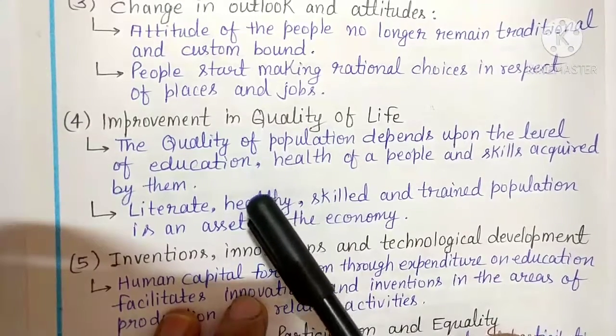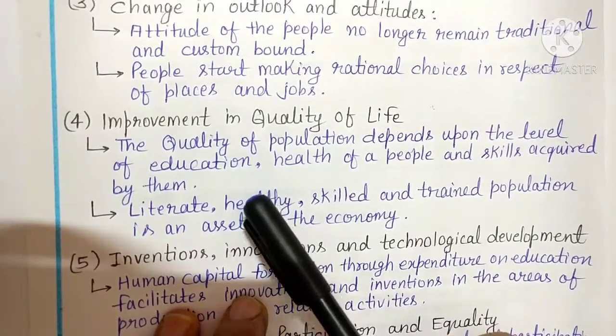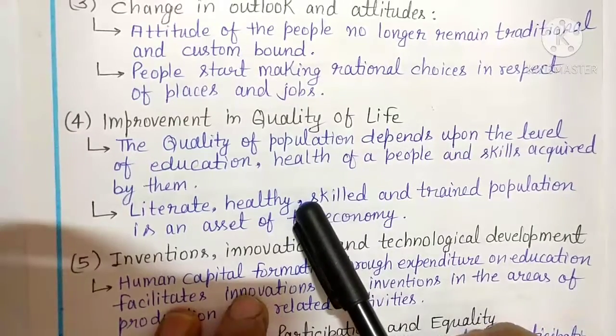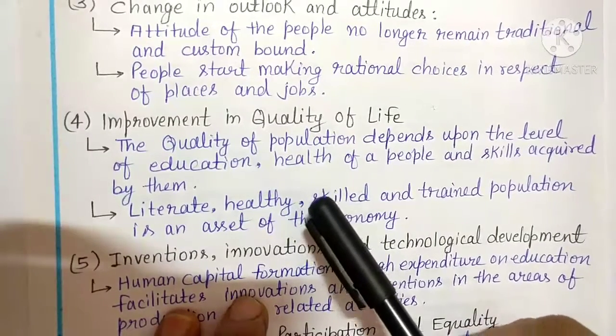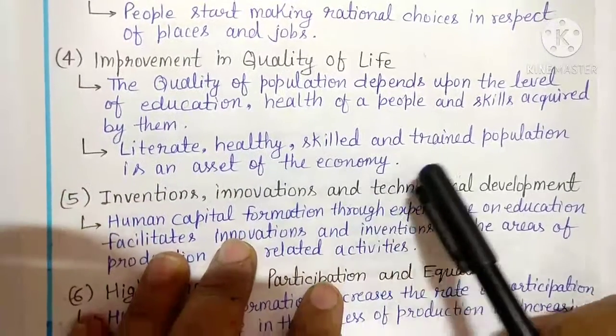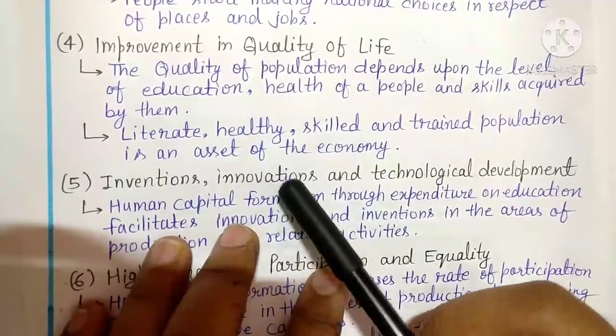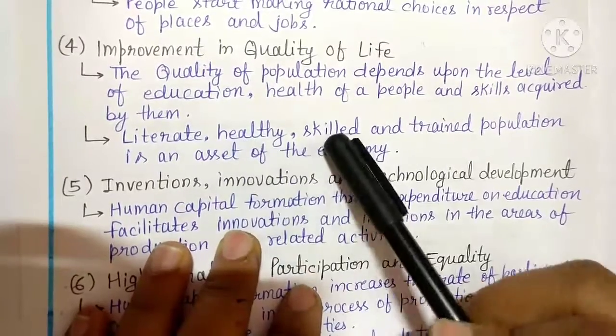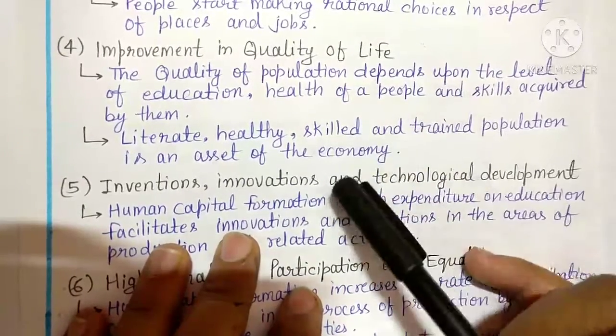So you need to get higher education. And if you are aware about your health, you will live a better quality of life. A literate, healthy, skilled, and trained population is an asset of the economy. And remember, those who are illiterate, unhealthy, unskilled will be a liability to the economy.